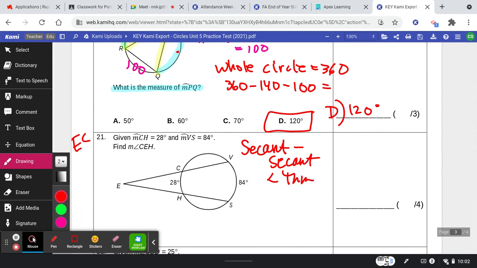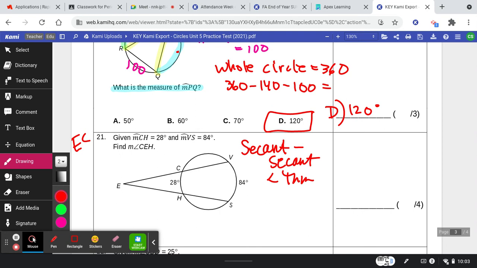Now, what do kids confuse? Which two do they confuse? They confuse when the two lines go through the circle like that. This is the secant one that we're doing now. And they confuse the tangent, when the line touches once and the line touches once. Look at how close those are, but one goes through and one doesn't. Here's the good news if you confuse these. They use the same rule.